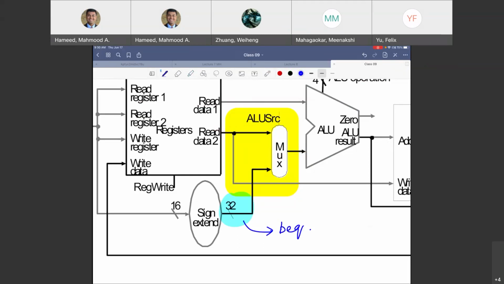What else? Load word, store word, all of those instructions are being used here, right? Offset address, make it into 32 bits. That's your ALU source. Now, think about a few instructions in which you are using this path.